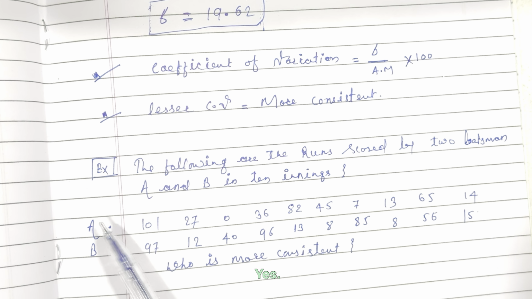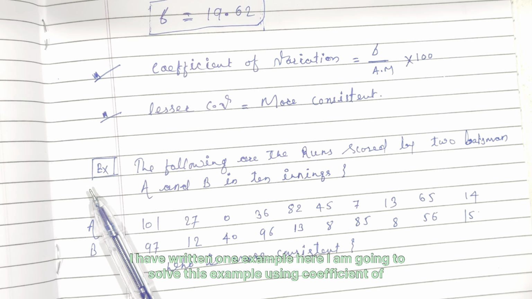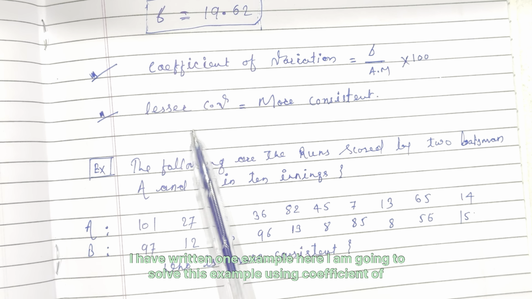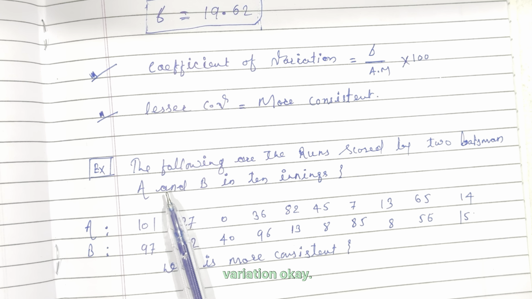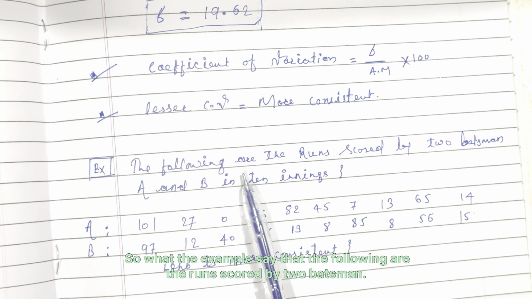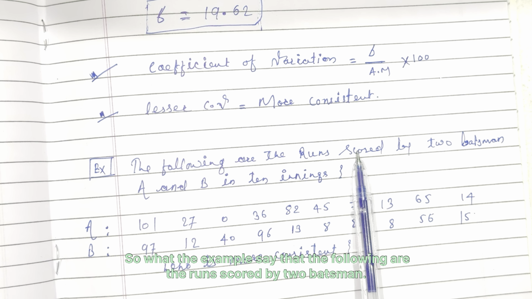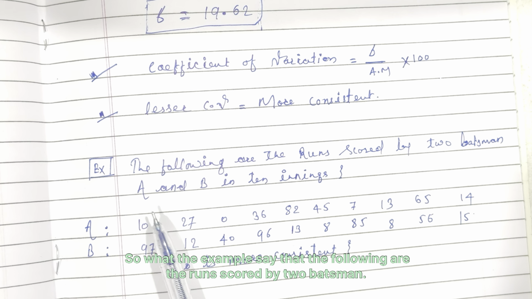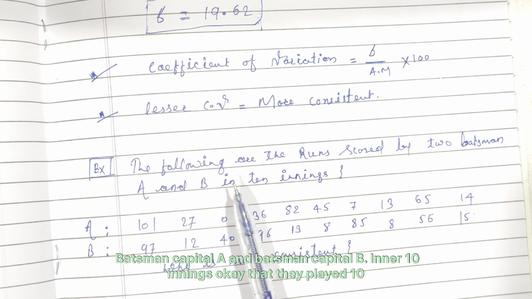Here I have written one example. I'm gonna solve this example using coefficient of variation. The example says that the following are the runs scored by two batsmen, batsman A and batsman B, in 10 innings.